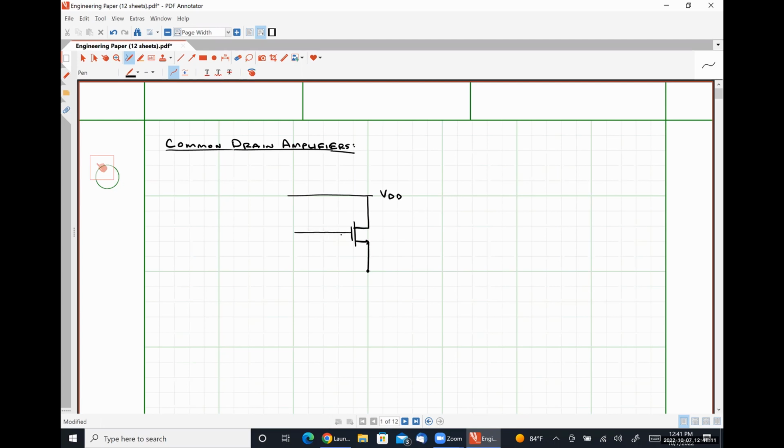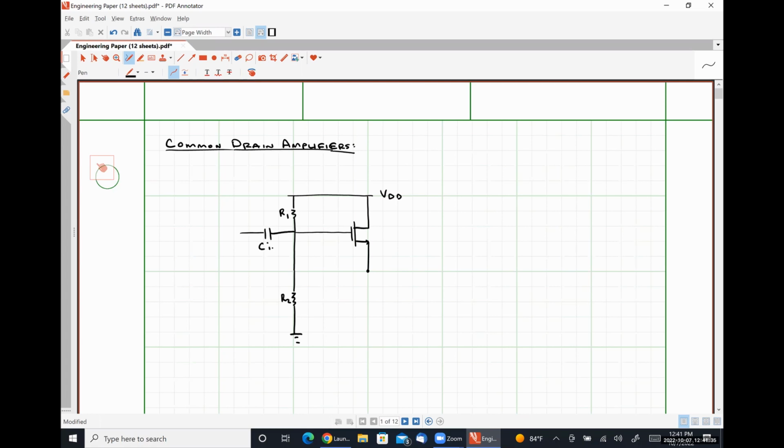In a discrete amplifier, we would have our DC biasing circuit just like we had for our last amplifier. So just a simple voltage divider, R1 and R2. Capacitive coupling of our input signal.